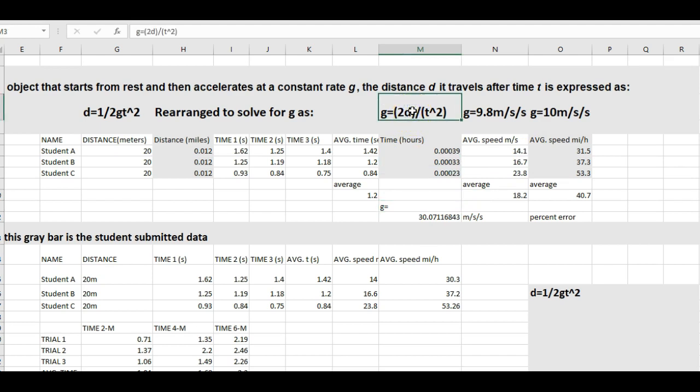The first thing we did at the beginning of this video was figure out how to isolate G. Here's our equation. Now we need to put it back into Excel with D and T, which we have collected. So 2 times the distance, and the distance here is G6, okay, 20 meters, divided by L10, the average time in seconds.